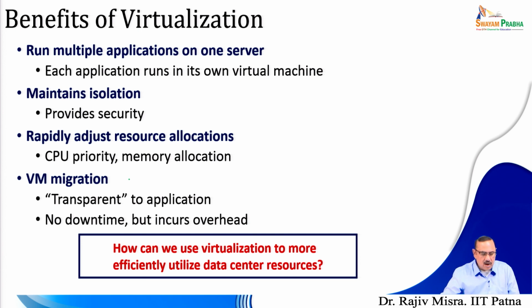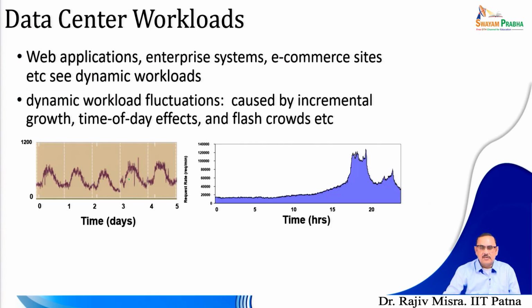Now, the question is how can we use virtualization to more efficiently utilize the data center resources. So, let us see about the data center workloads. Take the example of web applications, enterprise systems, e-commerce sites; these applications see dynamic workloads.